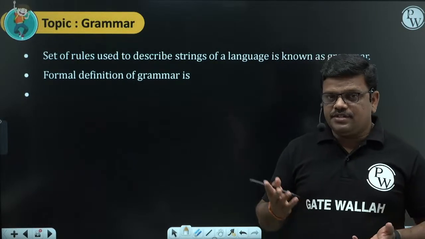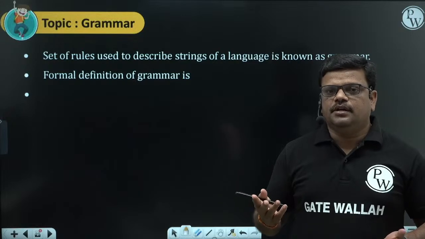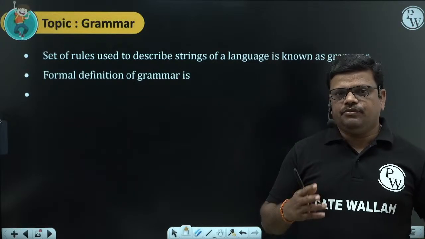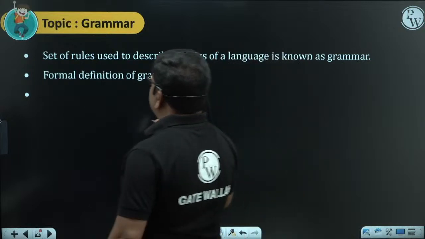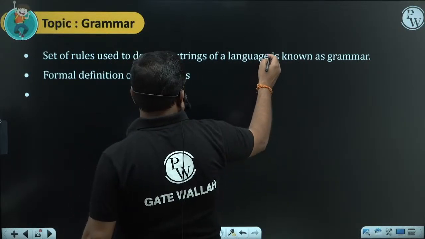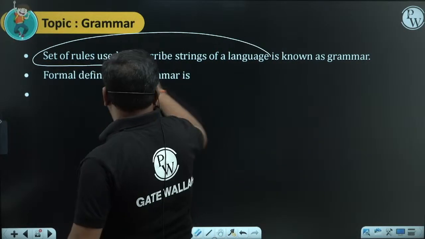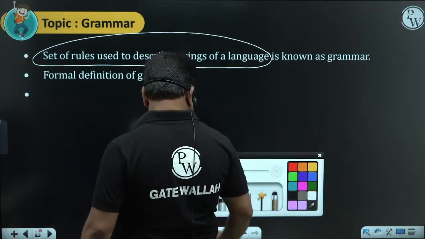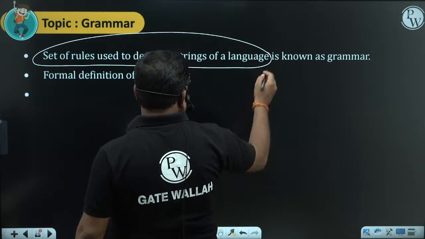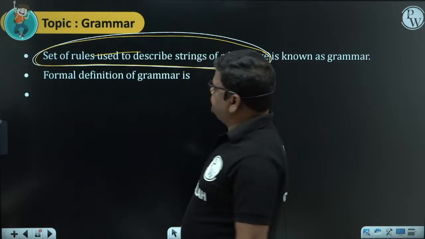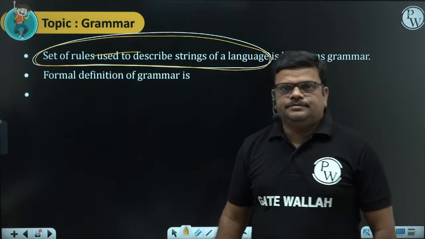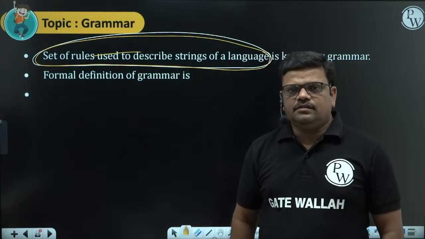For every language, grammar should exist. What is a grammar? Rules of that language. Every language has particular rules, and those rules are called grammar. The set of rules used to describe strings of a language is known as grammar.